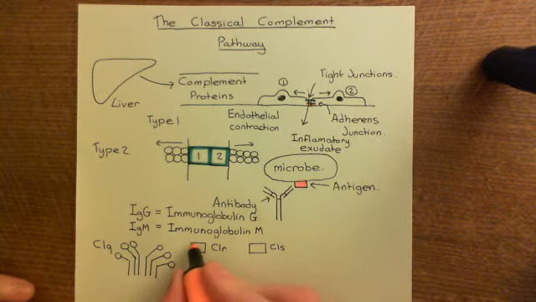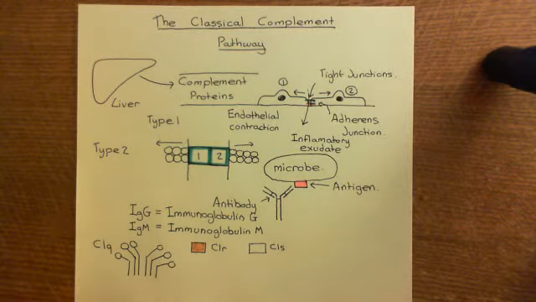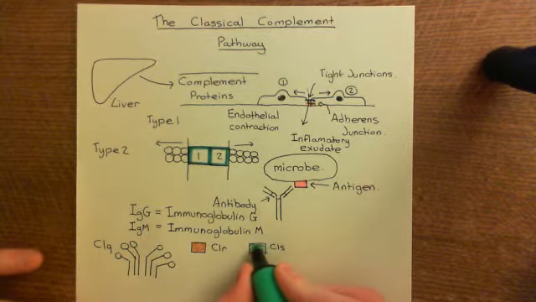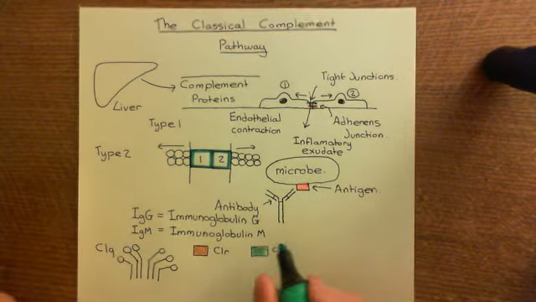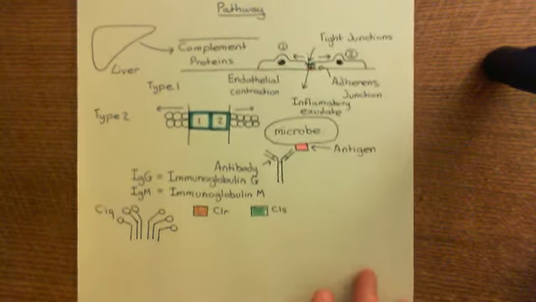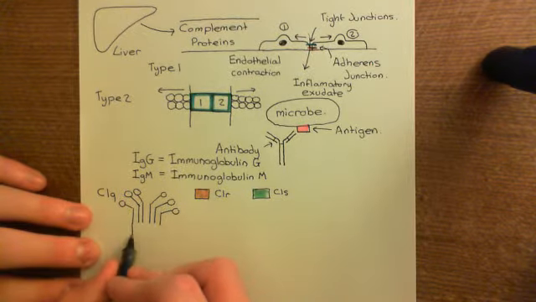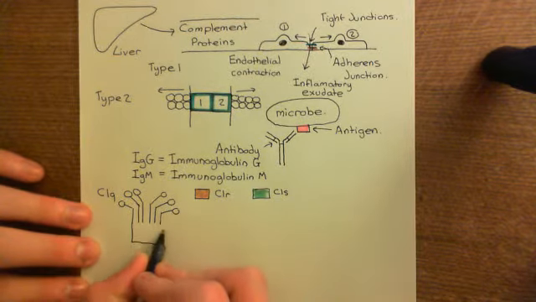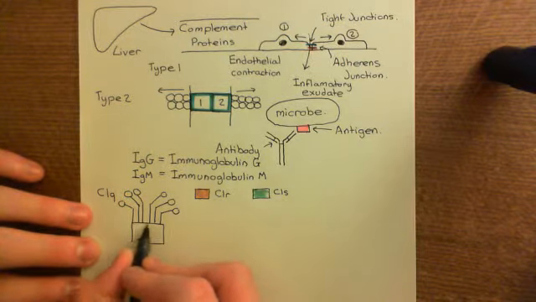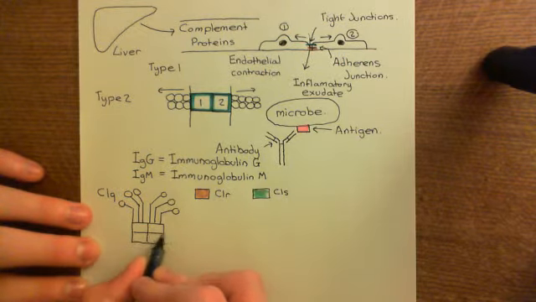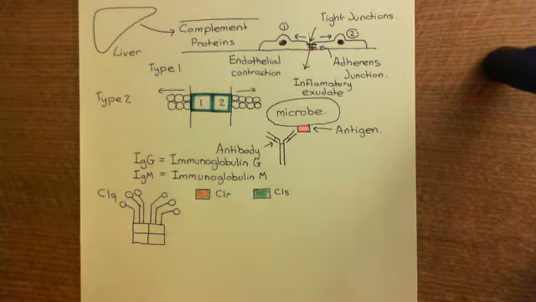So C1R we'll have in orange, and C1S we'll have in green. What's going to happen is that these C1Rs and C1Ss are going to associate with the bases of the C1Qs, so over here. Here are the C1Rs in orange.